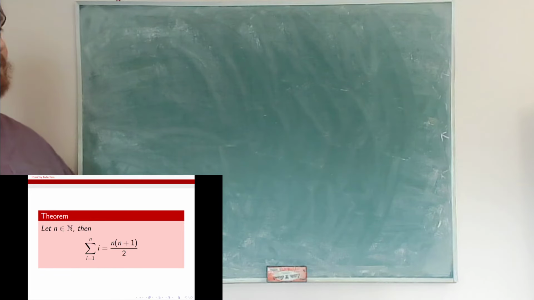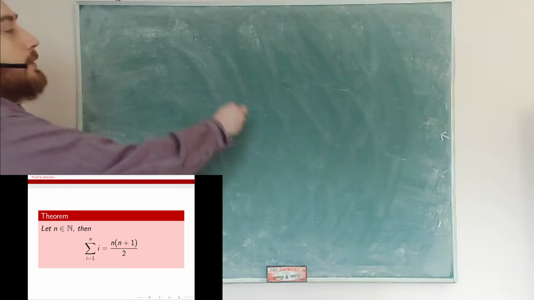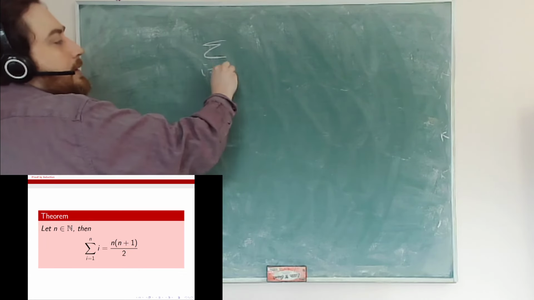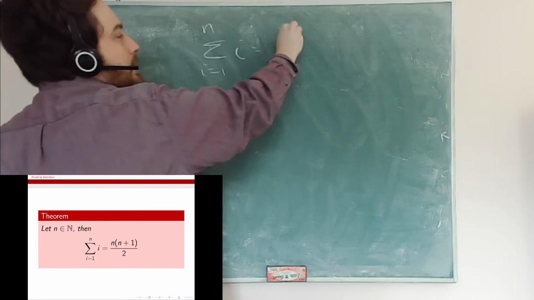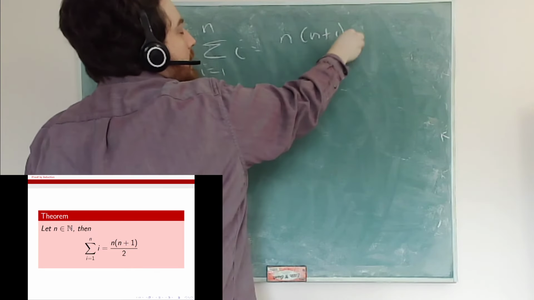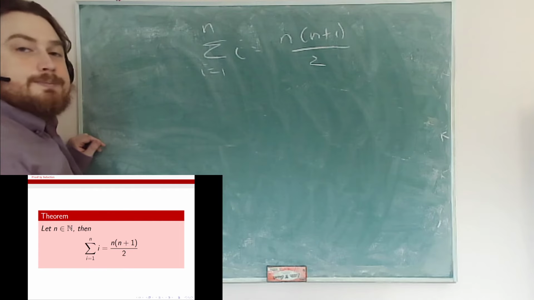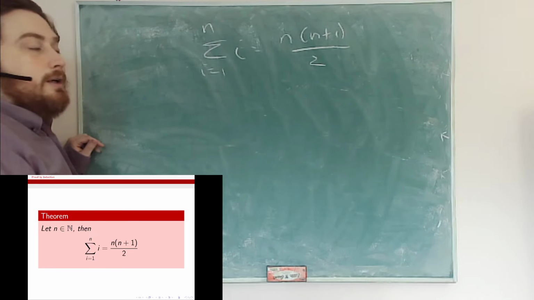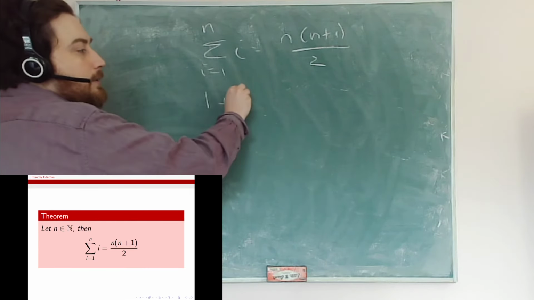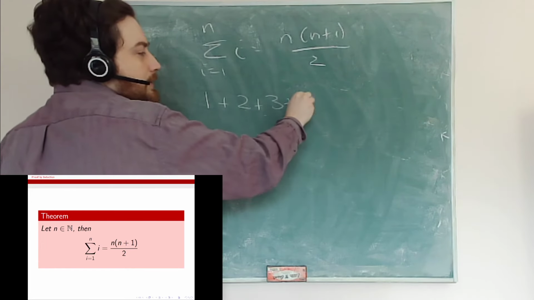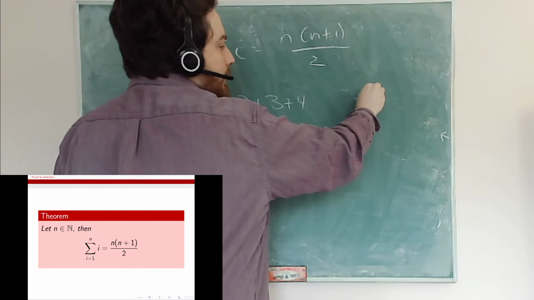If we can, we'd like to do some type of constructive proof to show that, say, the sum from 1 to n of i is equal to n times n plus 1 divided by 2. So one way we could do that, just to give you another example, is we could take 1 plus 2 plus 3 plus 4 up to n.